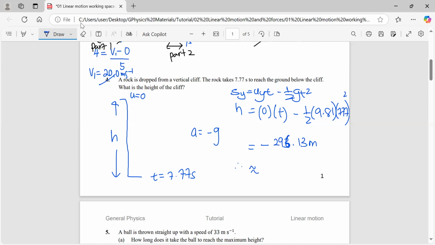So you can give it as the height is equivalent to 296 meter. So it's quite straightforward solving the problem. The only thing is you must ensure which formula to use, and that you are substituting the information into the formula correctly.